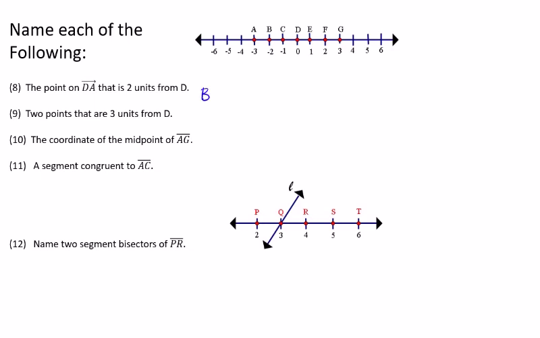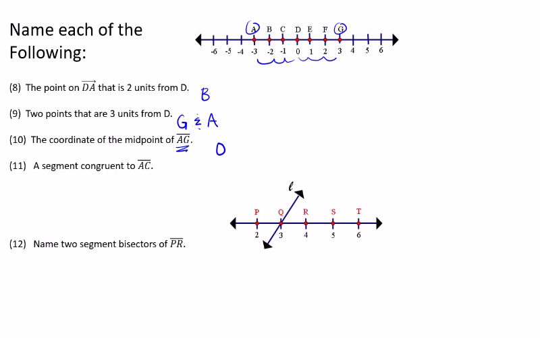Okay, so number 9, 2 points that are 3 units from D. 3 units from D, to the right would be G, and to the left would be A. So points G and A. All right, the coordinate of the midpoint of AG. We have them circled there. Since it's -3 to 3, intuitively we know the midpoint would be 0.